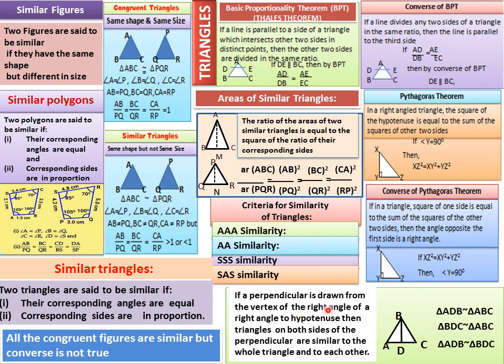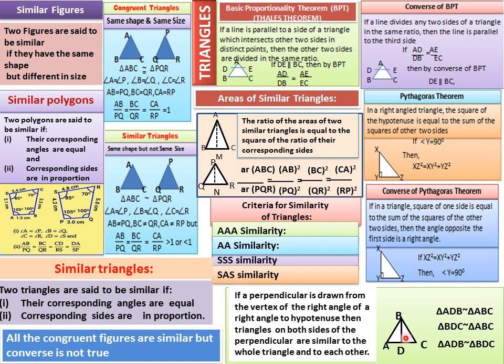Then here, we have a triangle ABC where angle B is equal to 90 degrees. If a perpendicular is drawn from the vertex of the right angle, that is angle B, to the hypotenuse, then we can say that two triangles are formed.